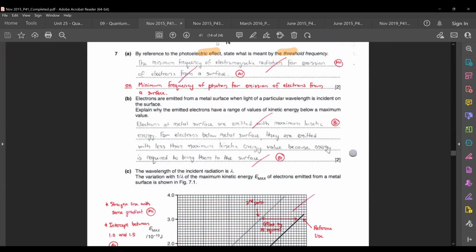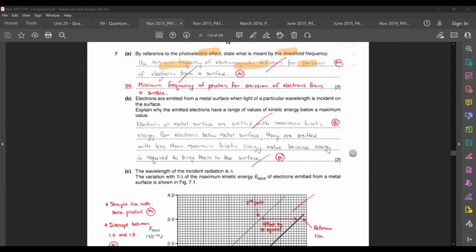The threshold frequency is simply the minimum frequency of electromagnetic radiation for emission of electrons from a metal surface. That's all there is to it. And now in B, electrons are emitted from a metal surface when light of a particular wavelength is incident on the surface. Explain why emitted electrons have a range of values of KE below a maximum value.